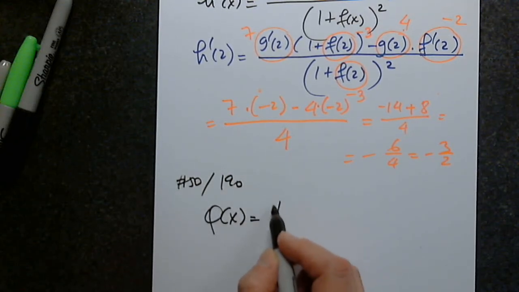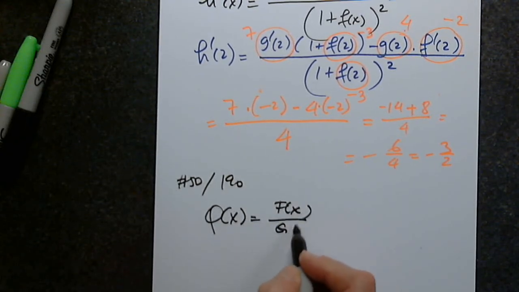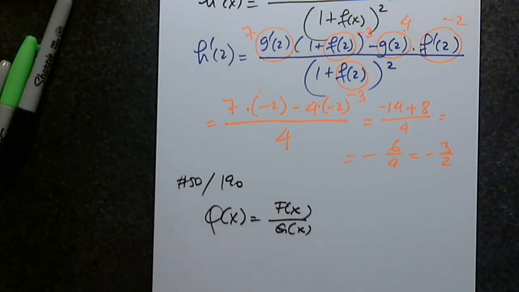Q of x is f of x divided by g of x. They're telling us that they are differentiable, of course. Could you zoom out for us? Oh, of course. Sorry. And they want us to find Q prime of 7.